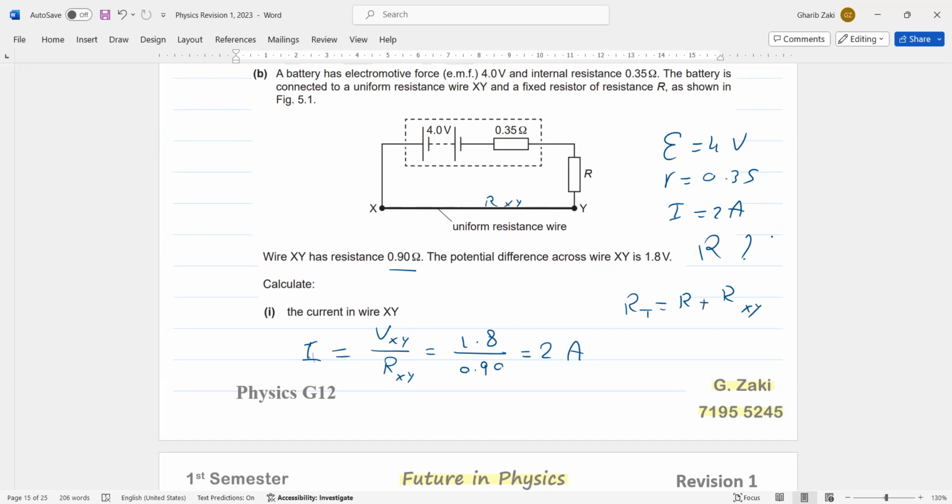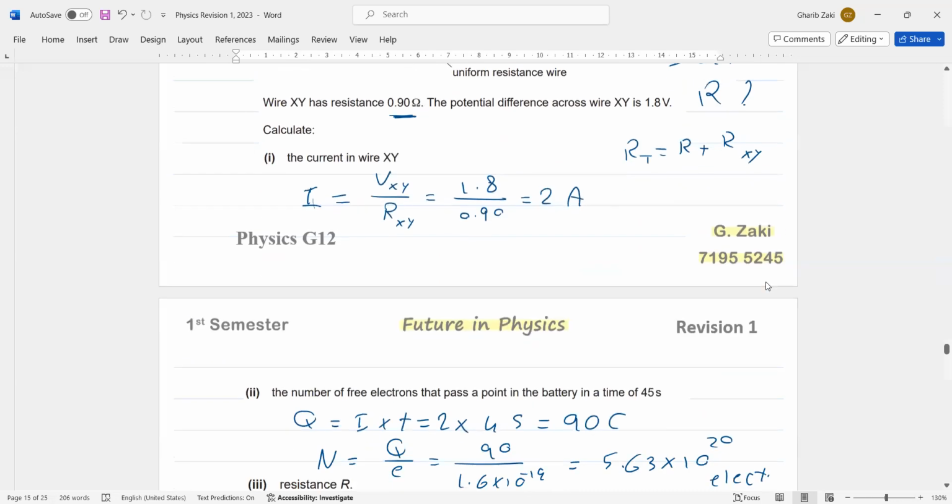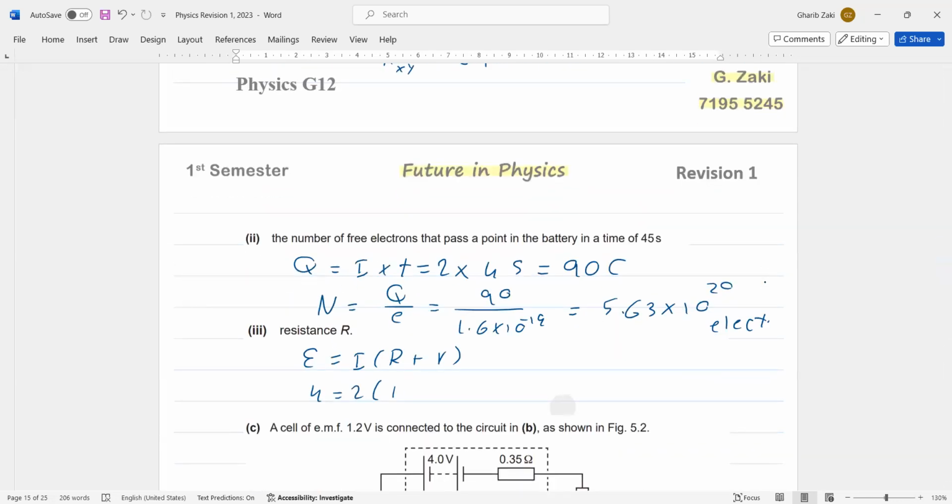R of XY is 0.90 ohm. Take care. Then it is R capital plus 0.9. This is R total here. r small is 0.35. From this, by using calculator, you will get R equals 0.75 ohms. This is R.